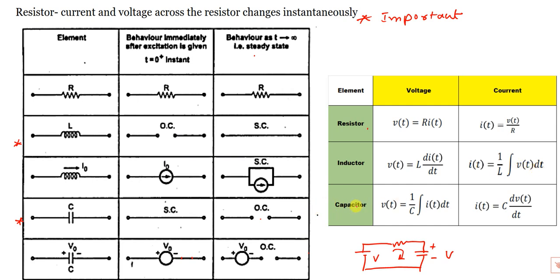For a capacitor, voltage V of t equals 1 by C integral of I of t dt, and I of t equals C into dV by dt. So here the voltage for an inductor is L into di by dt. Here the current for a capacitor is C into dV by dt.